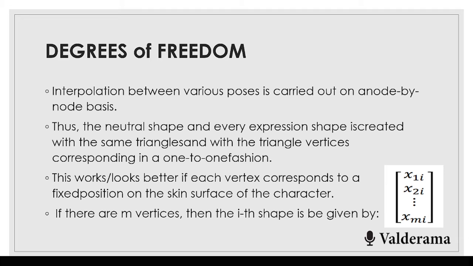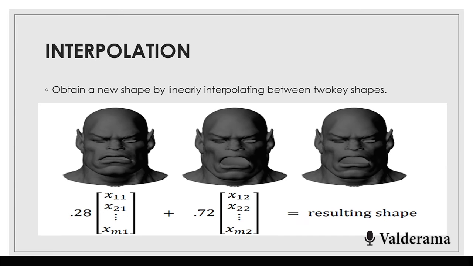If there are m vertices, then the ith shape is given by x sub 1i, x sub 2i, ... x sub mi. Interpolation: obtain a new shape by linearly interpolating between two key shapes.